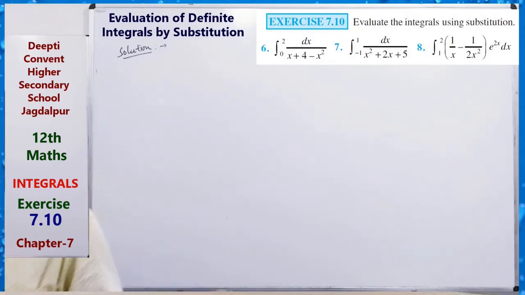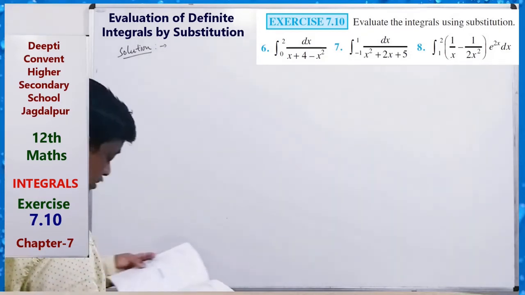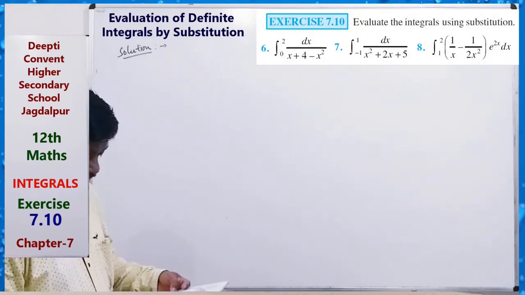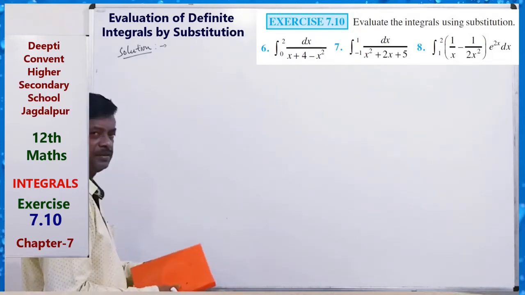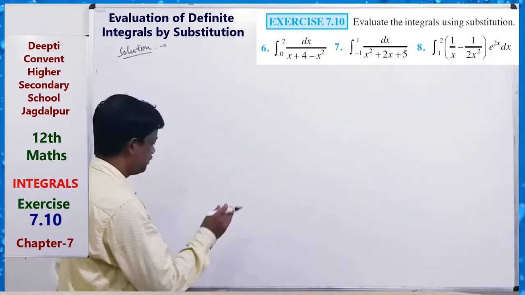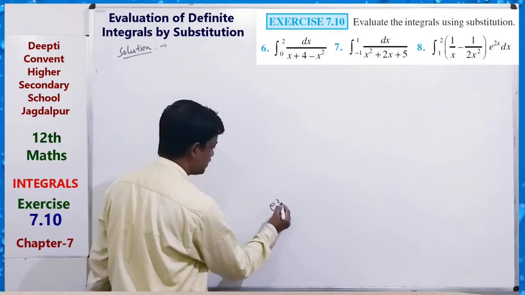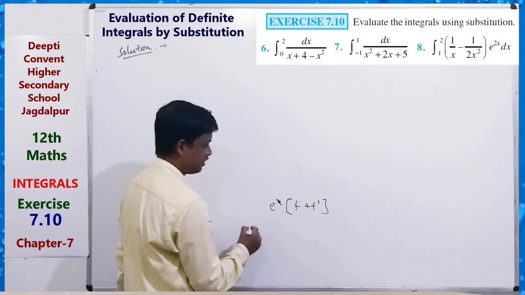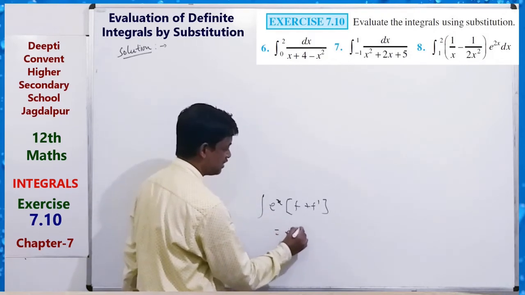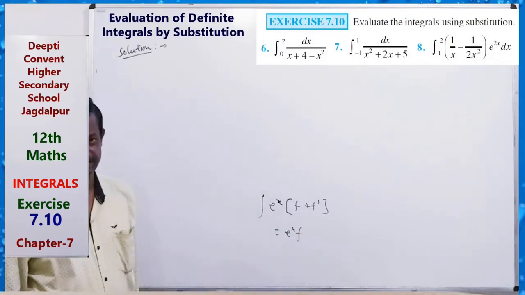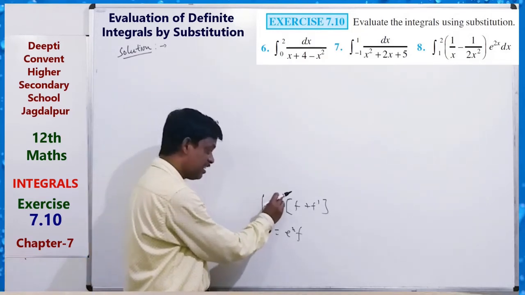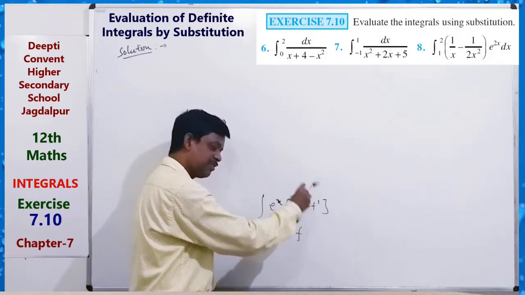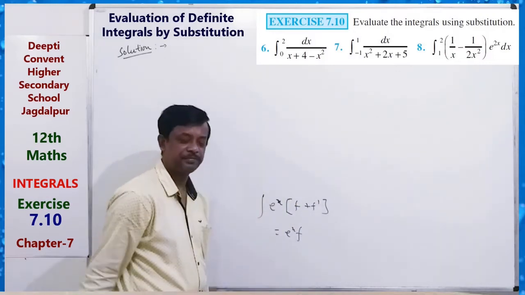Question 8 can be solved by remembering a formula: integration of e to the power x times (f plus f dash) equals e to the power x f. We know this type of formula is there.